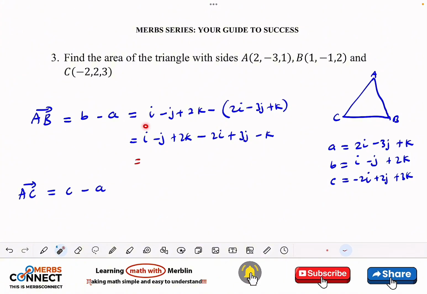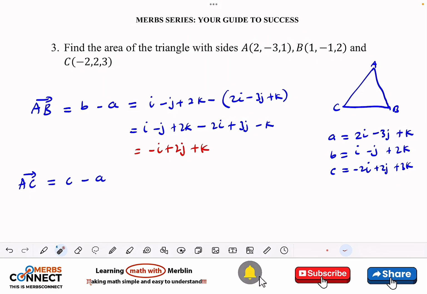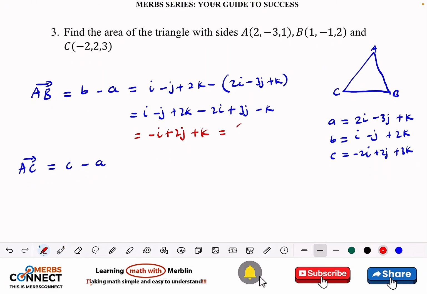This and this is going to give us minus I. And then this and that is going to give us plus 2J, and then plus K from here. So we can write this as minus 1, 2, and 1. So that is vector AB.